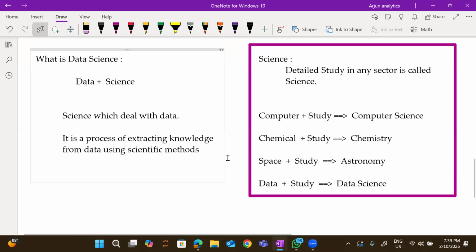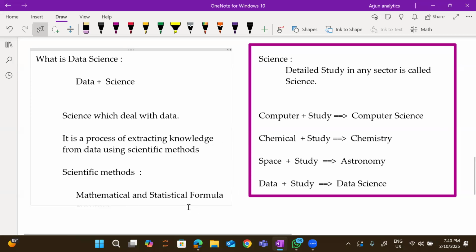It is a process of extracting knowledge from the data using the scientific methods. That's it. Now, what are the scientific methods, guys? Scientific methods means whenever you are using mathematical and statistical formulas, we call it scientific methods.